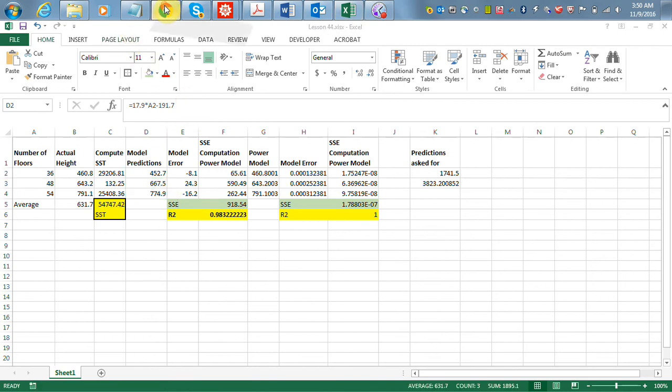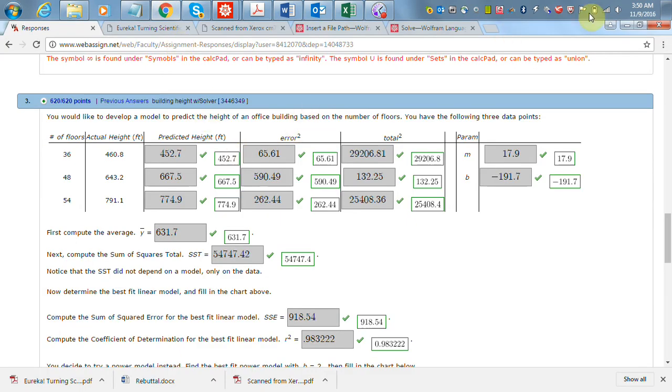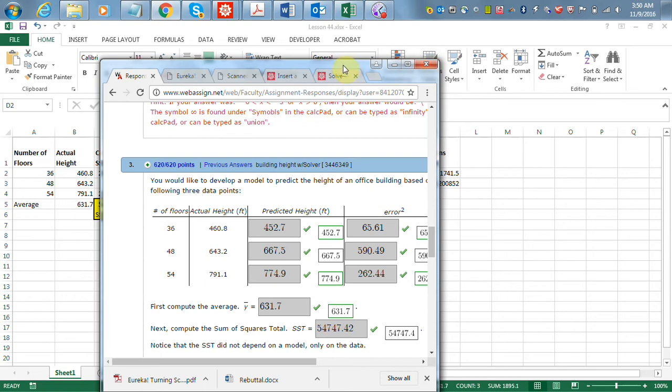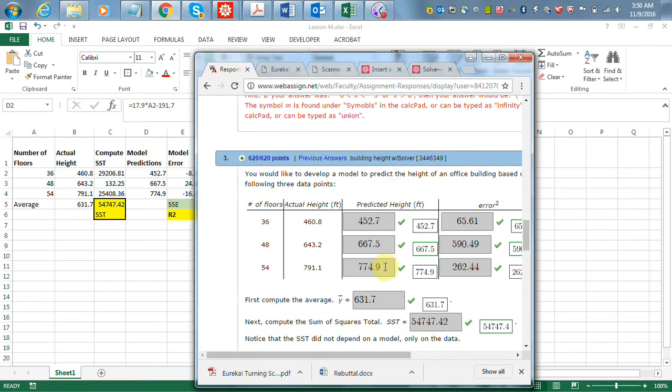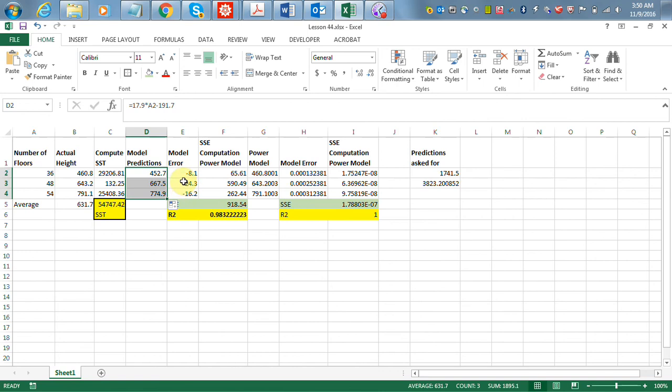Now let's look at Trent's work, and you'll see that I have a perfect match to all of this. Now, model error, I'm big on this. Again, you're getting my take on this. I separate out the model error because I want to see it. So I take the model error to be D2 minus B2.